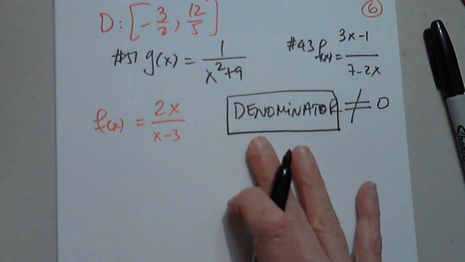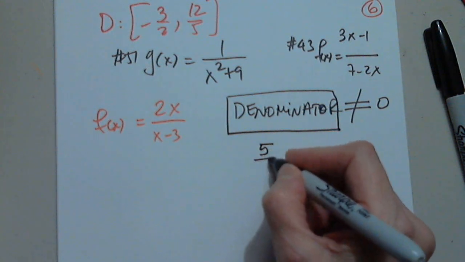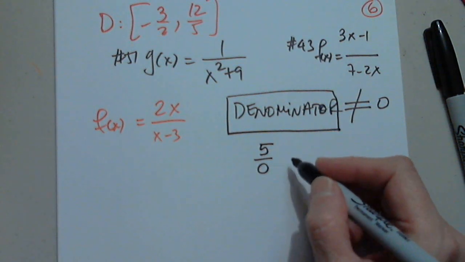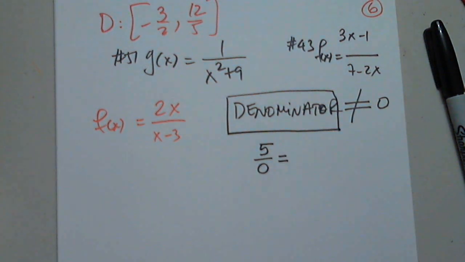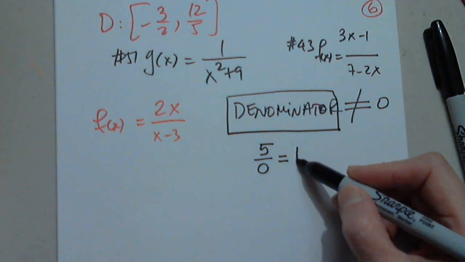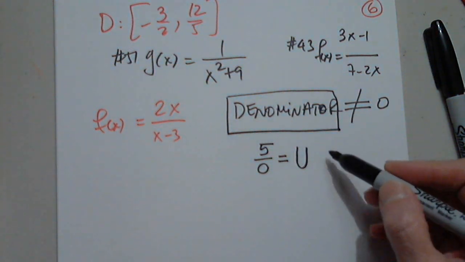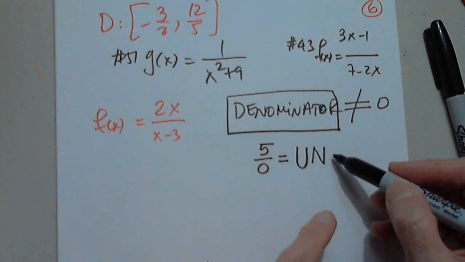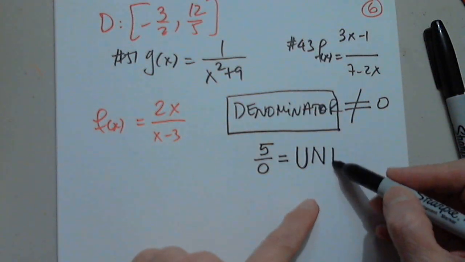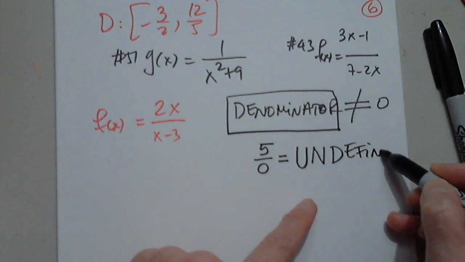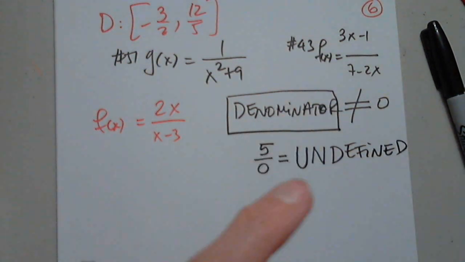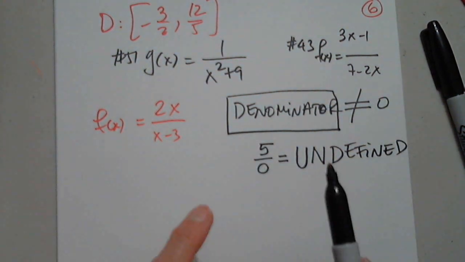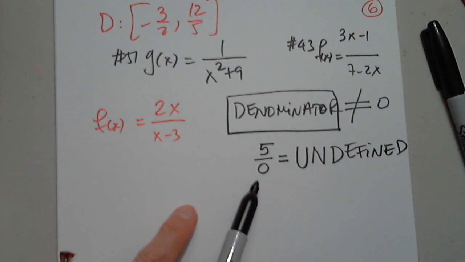If the denominator is 0, so for example, if I have 5 divided by 0, how do we call this? There is a special name. It's a fancy name that we like. Undefined. So we cannot have 0 in the denominator.